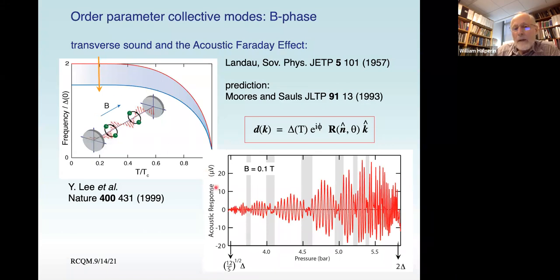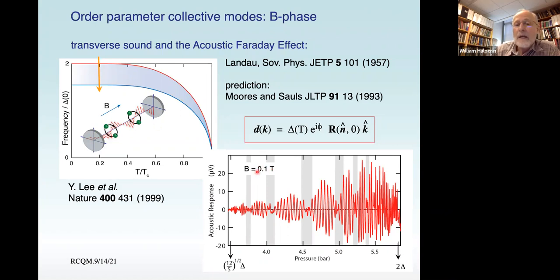But you might say, well, this transverse sound, which is a direct manifestation of the coupling between orbit and spin, has modulations in it. And those modulations correspond to the Faraday effect. Everybody knows the Faraday effect of light, which is a transverse wave. But similarly, if you apply a magnetic field along the direction of propagation, this is what you get.